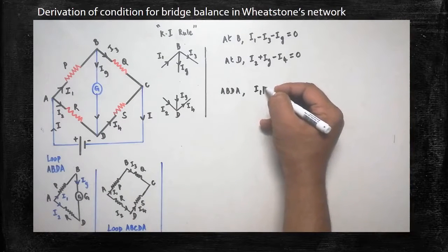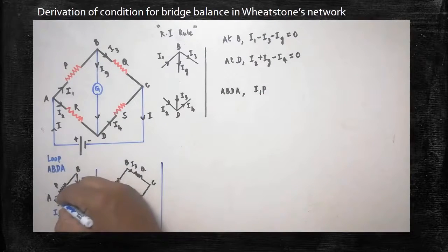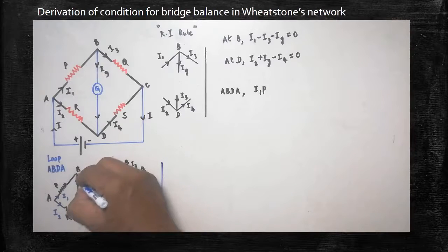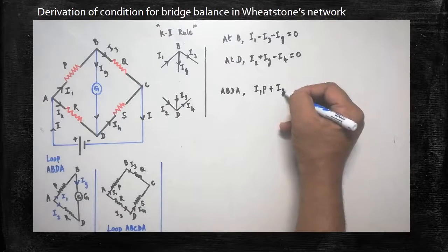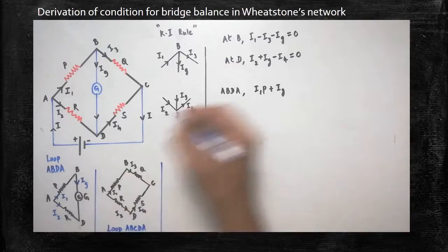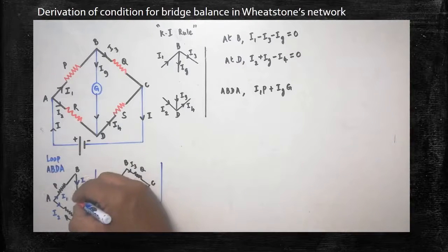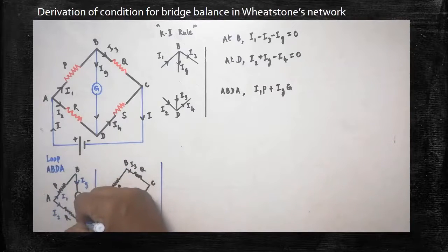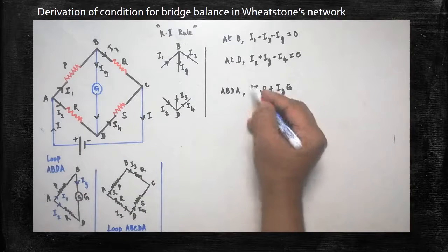I1P, the product of current and resistance, should be added. Look at the direction. This is the traveling direction, A, B, D, A. The current flows in the same direction, plus IgG. Note down, here G is not the galvanometer. The galvanometer coil possesses some resistance, therefore that resistance of the galvanometer should be taken into account, IgG. Now I am traveling in this direction, and the current flows in the same direction, that's why both are written as plus.